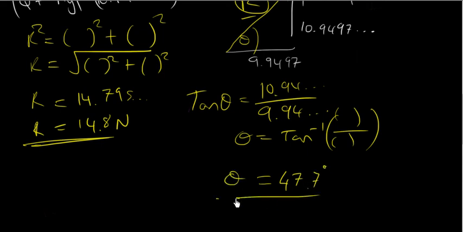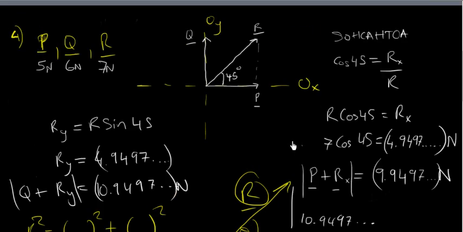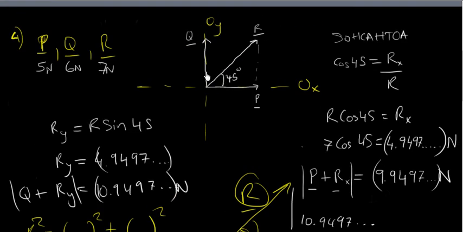That makes sense because it's somewhere here, so it's a little bit more than 45. When you add these two, it comes out to a little bit more than 45. That's the resultant of the three forces, and that makes sense because Q is a little bit bigger than P, so it draws it a little bit that way when you've added them.